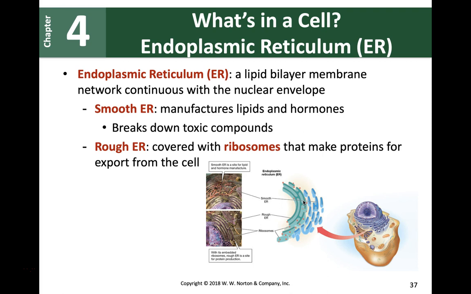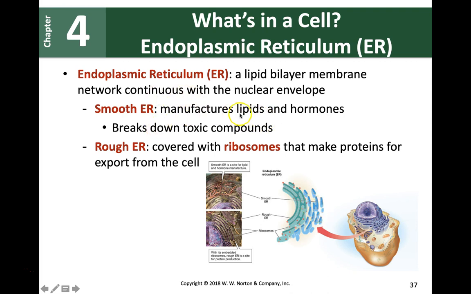Proteins are produced by the ribosome in the endoplasmic reticulum. So if a ribosome goes and sits on the endoplasmic reticulum, that endoplasmic reticulum is called rough ER, rough endoplasmic reticulum, whereas the other endoplasmic reticulum where you do not have those ribosomes sitting, that's called smooth ER.